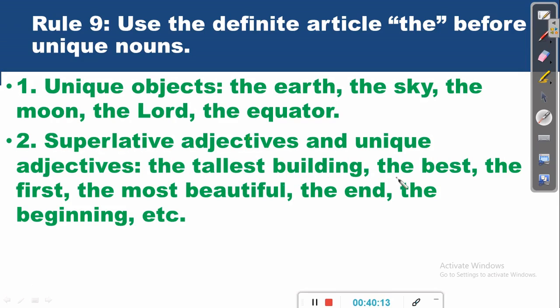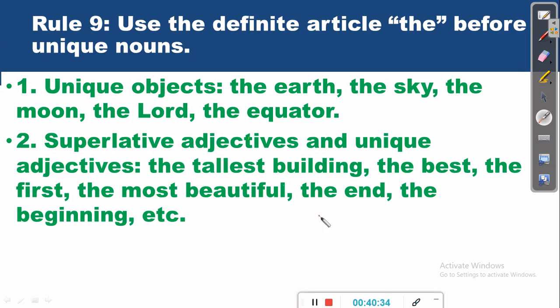So the tallest building, the best, the first, the most beautiful, the end, the beginning. These are unique cases, and we use the definite article for such unique nouns.